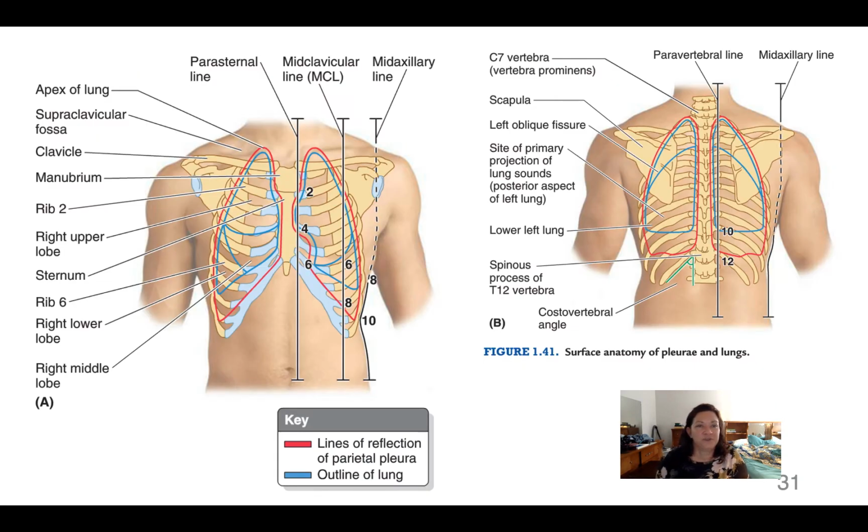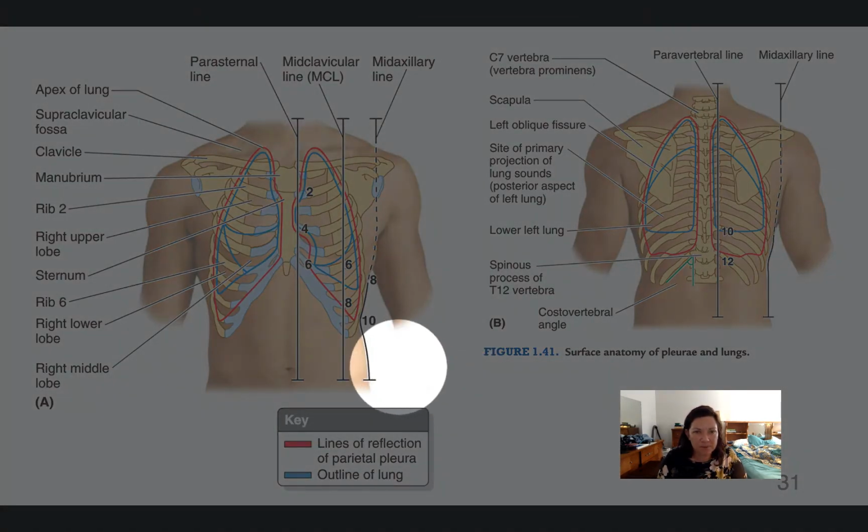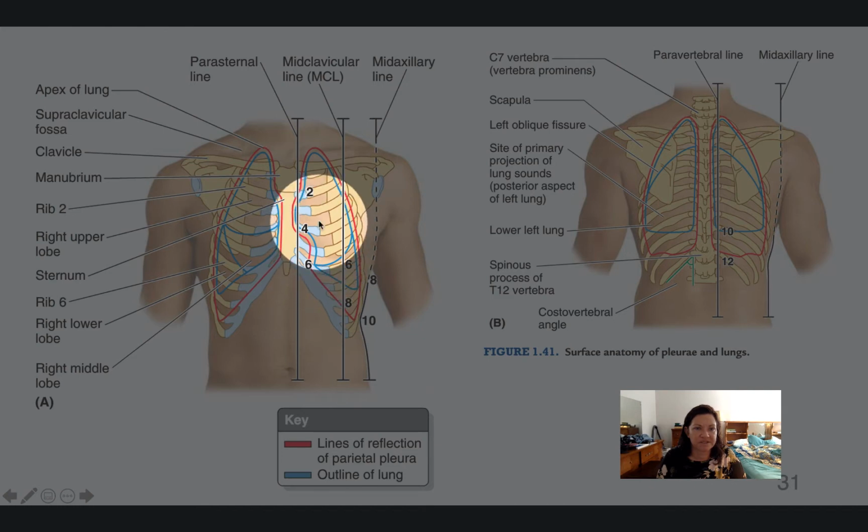In addition, there are a few landmarks that I'd like you to be familiar with. Where are the lungs relative to the ribs? Here are the numbered ribs. They give you rib numbers for points of reference.